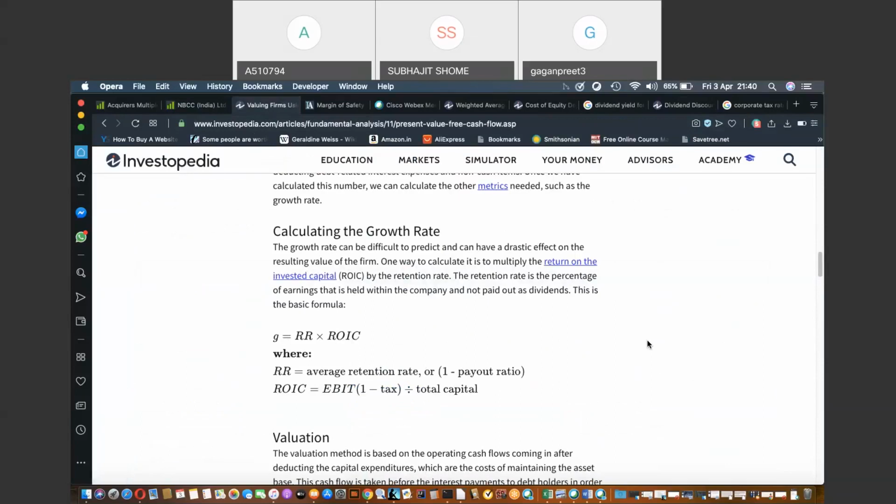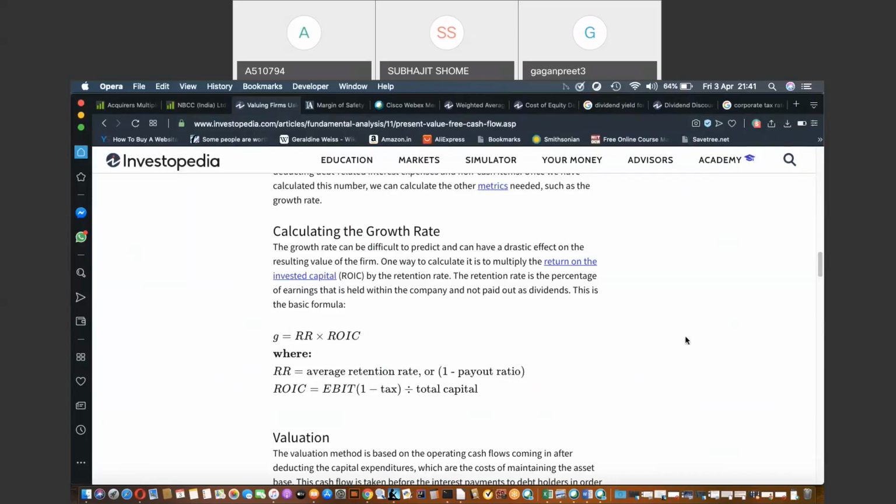We already have this, divided by total capital. Total capital means total assets. So EBIT 1 minus tax, we already have that, 459.